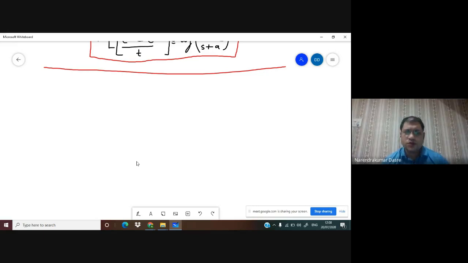So let us try the numerator or denominator.